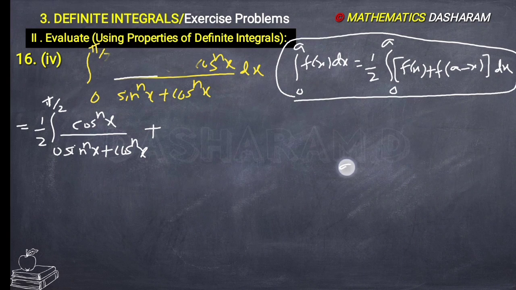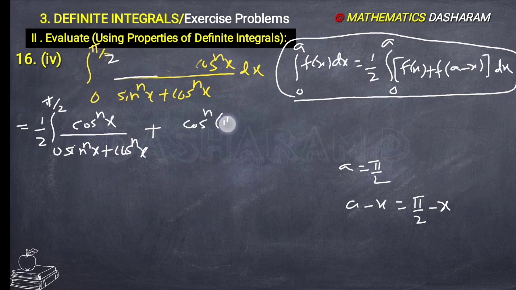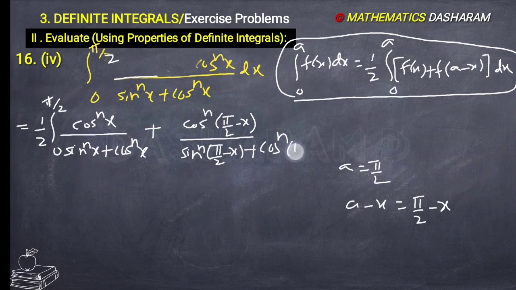A minus x means here the a value is pi by 2, and a minus x becomes pi by 2 minus x. So then cos to the power of n of (pi by 2 minus x) divided by sine to the power of n of (pi by 2 minus x) plus cos to the power of n of (pi by 2 minus x) whole dx.